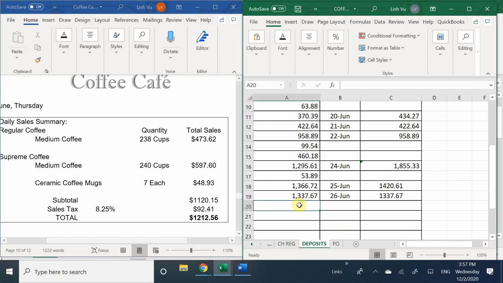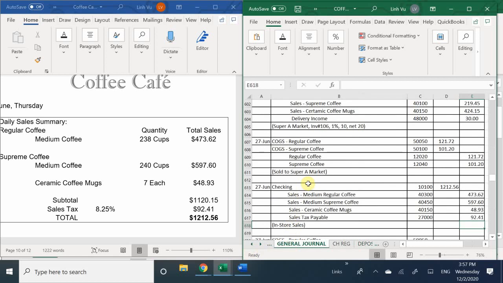So our deposit is going to be for the $1,212.56. It'll be 6/27 for the date. And since this is our daily sales and the end of the day, we're also going to put it on the deposit side. Okay. Now we can be done with that. Now we can click on the journal so I have my numbers and go back to the ledger.